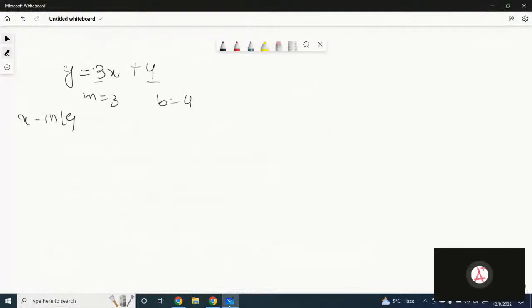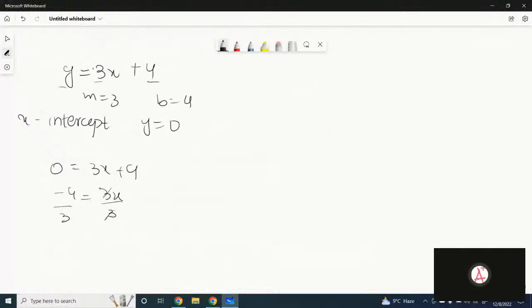So for the x-intercept, you have to put y equals 0 in the equation. Replace the y with a 0. 0 equals 3x plus 4. Move that 4 to the other side, it would be negative 4 equals 3x. You have to find the value of x only, so divide both sides by 3. So it would be x equals negative 4 over 3.